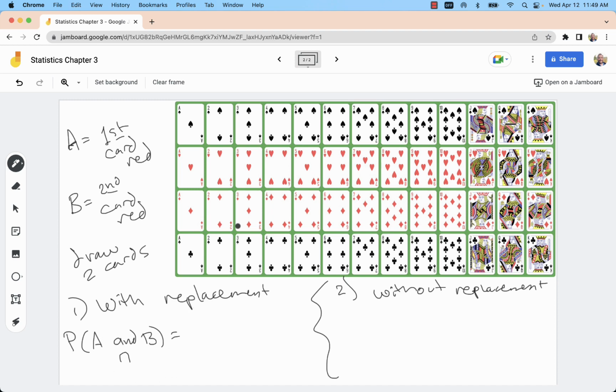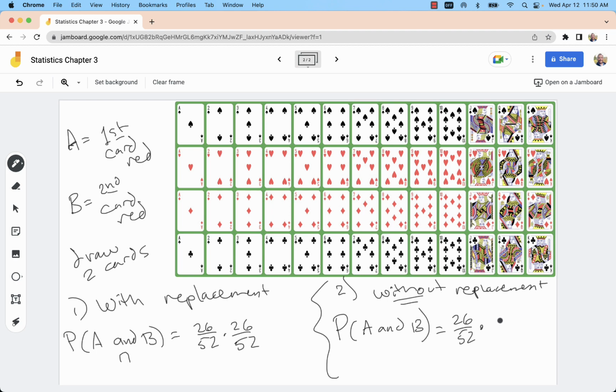But for this problem, a red card in the first trial is half the deck. We put it back in and we're back to half the deck. If I show my work there, it will be a little better. That's 26 out of 52. Returning it to the deck, 26 out of 52. If I find the probability of A and B, same probability, but now I do not replace the card, I start with 26 out of 52, and when I get to the second draw, I've changed that deck.